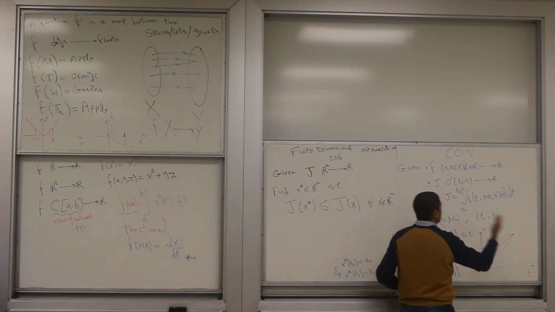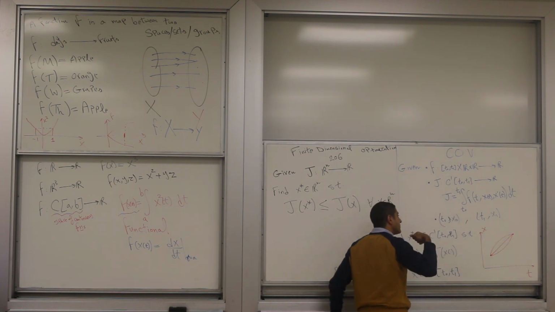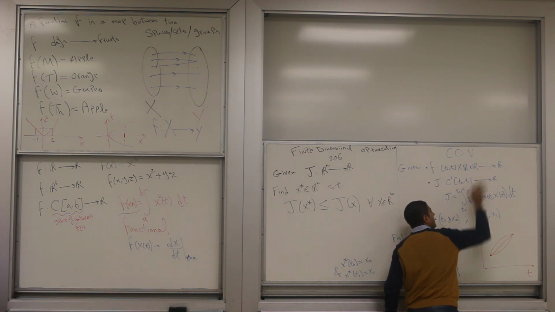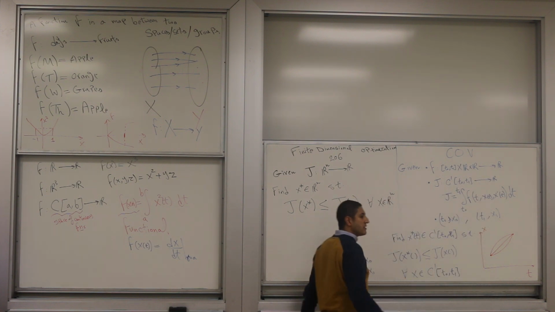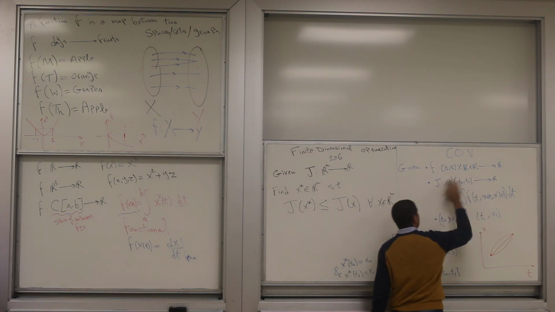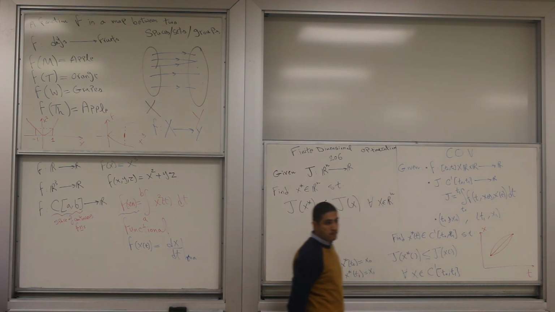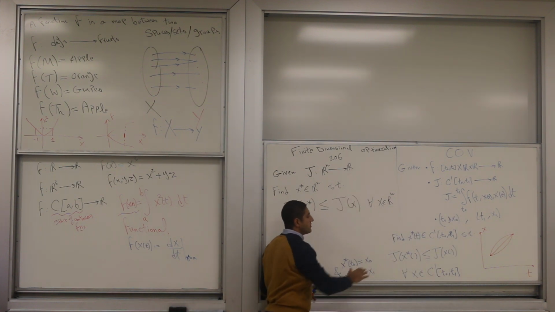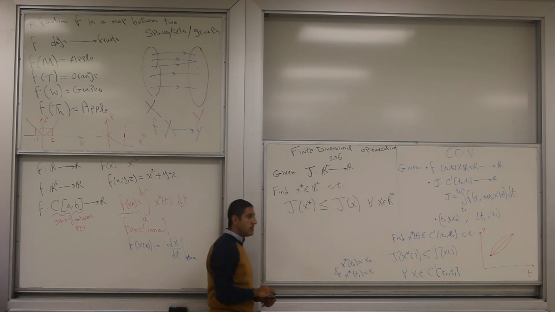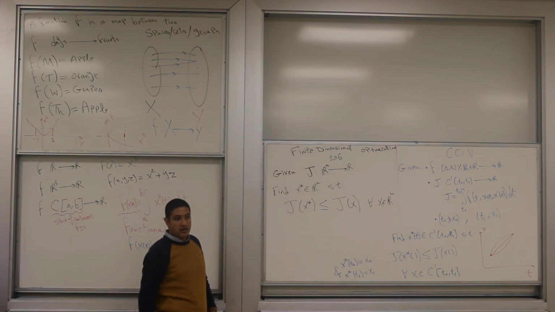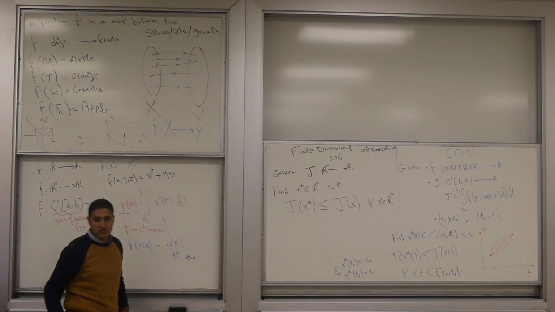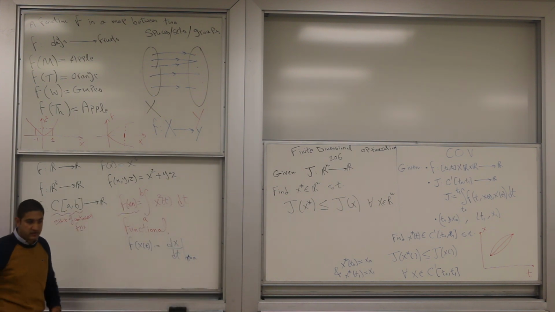So for every shape, J will take your shape and give you a number. And I'm looking for the shape that results in the minimum number for J. Okay? This is the problem statement. We didn't learn how to solve it yet. Like here, this is the problem statement of 2a6. Any question about this? We're going to know how to solve it today, but first of all, we have to understand the problem statement.